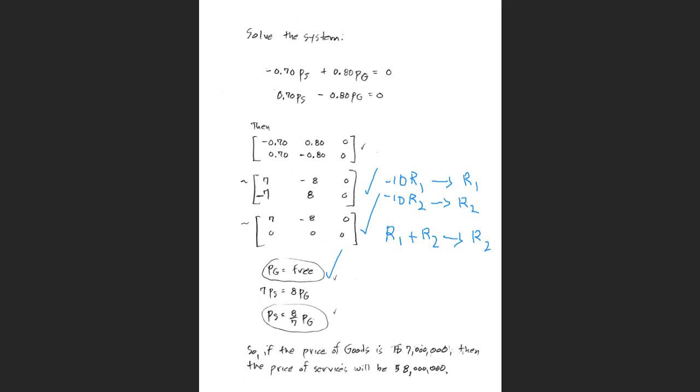PG is free, and then I solve for P sub S. Price of goods is a free variable. Price of services is equal to 8/7 times PG. So that means if the price of goods were $7 million, the price of services would have to be $8 million.